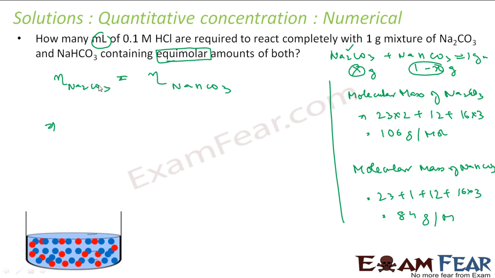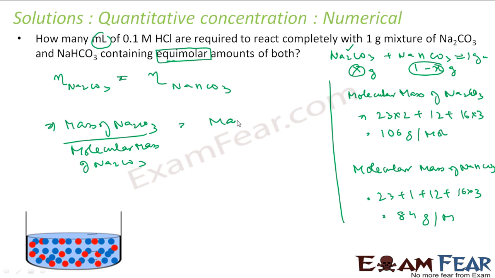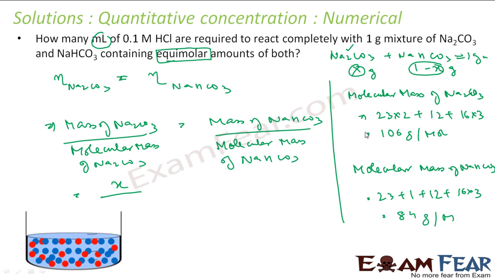So let's put these values in this equation. Moles of Na2CO3 is mass of Na2CO3 by molecular mass of Na2CO3. This is mass of NaHCO3 divided by molecular mass of NaHCO3. Solve this. Mass of Na2CO3 we have assumed X. Molecular mass of Na2CO3 is 106 gram per mole.